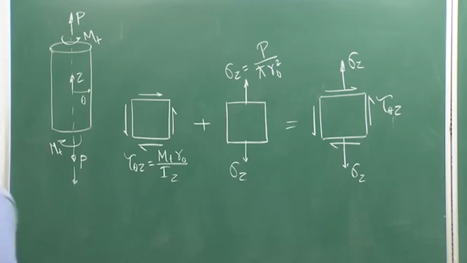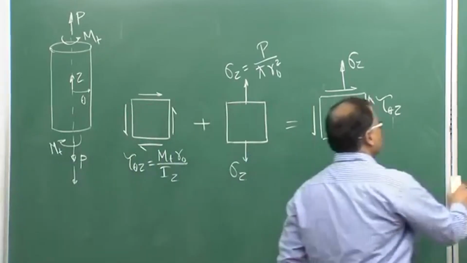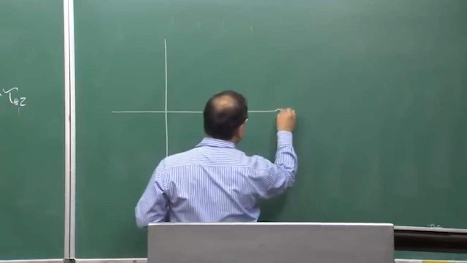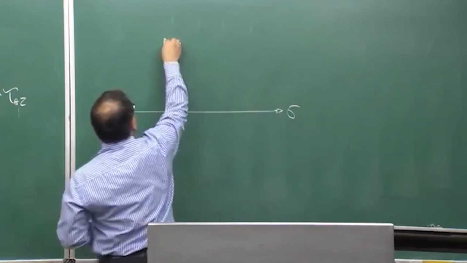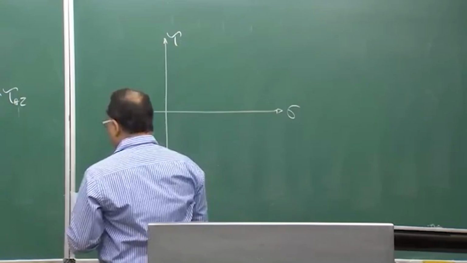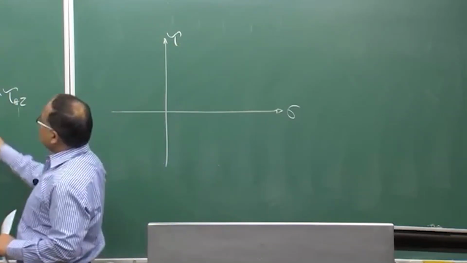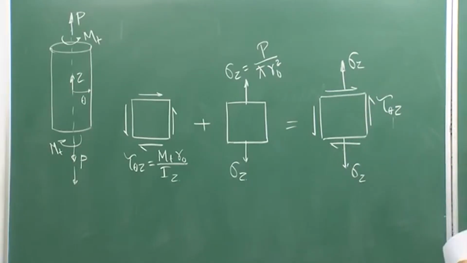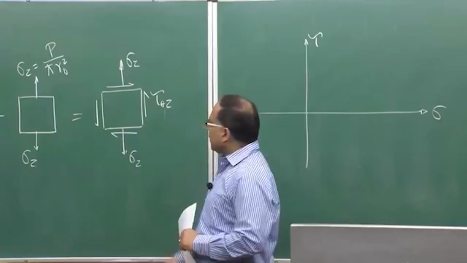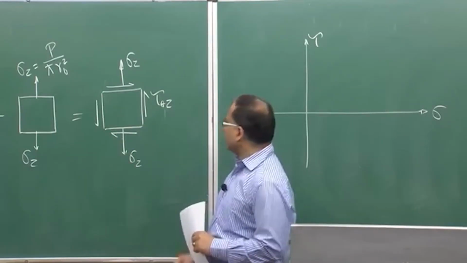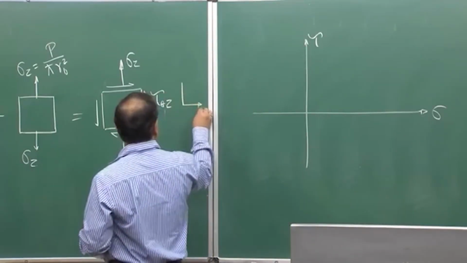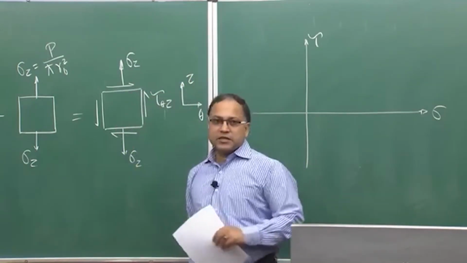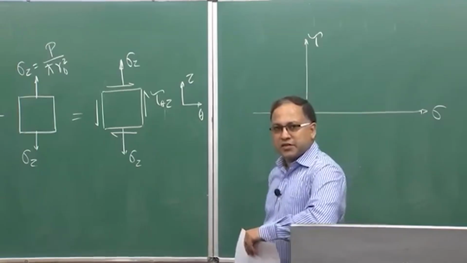Now, if you try to draw the Mohr circle for that, how will it look like? This is your sigma, this is your tau. Okay. So, on the z plane you are having both sigma z, that is normal stress, as well as the shear stress, whereas on the theta plane, because this is your theta z coordinate system, right, on the theta plane basically you are having only shear stress.